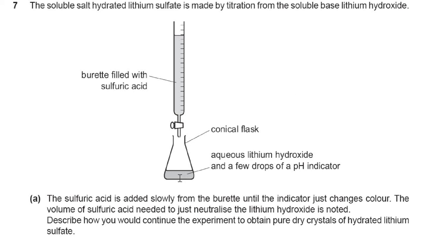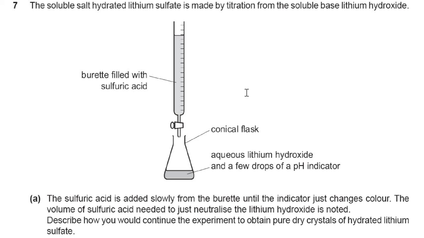So we've got lithium hydroxide in the conical flask, and in the burette we've got sulfuric acid, and we've got an indicator, and then the volume of the sulfuric acid needed to just neutralise the lithium hydroxide is noted, and then we would repeat the experiment without the indicator, and then add the same volume of acid, and then we would evaporate the solution, evaporate the water off until we get to the crystallization point.